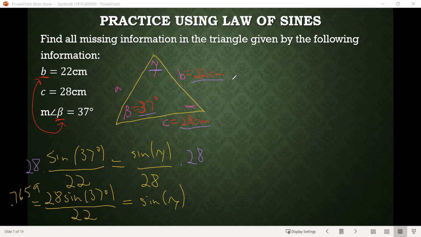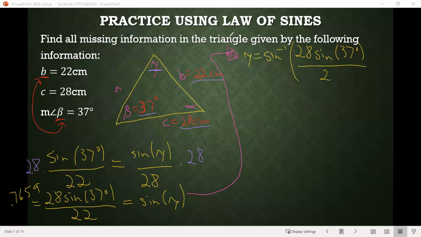To find gamma then, we know we can take the inverse sine here. So gamma would be equal to the inverse sine of all that we have there, the 28 sine 37 degrees, all divided by 22. Plug that in our calculator.